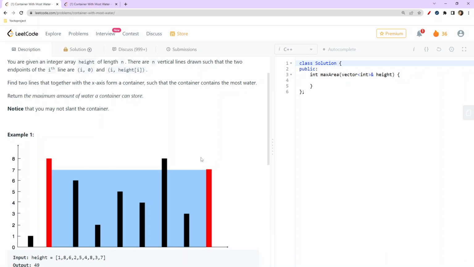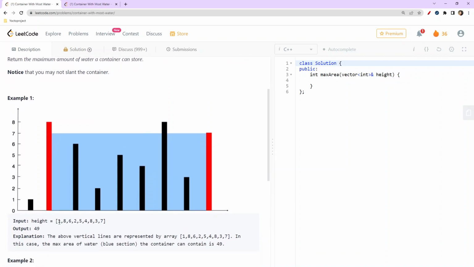The array is given where each integer represents the height at that particular ith position, and these ith positions also play the role of the width. So there are n vertical bars.